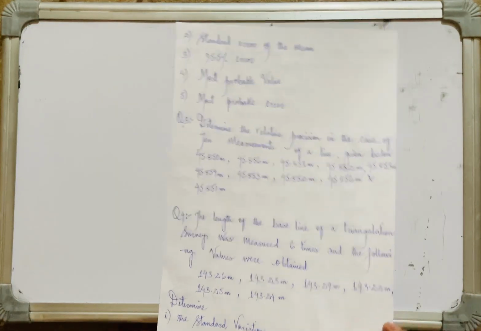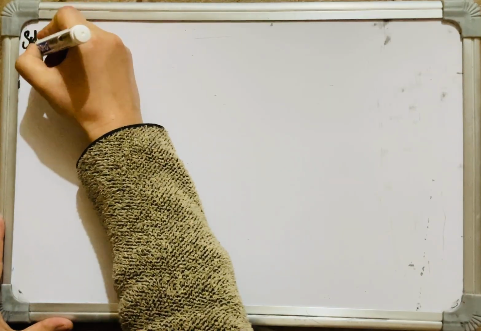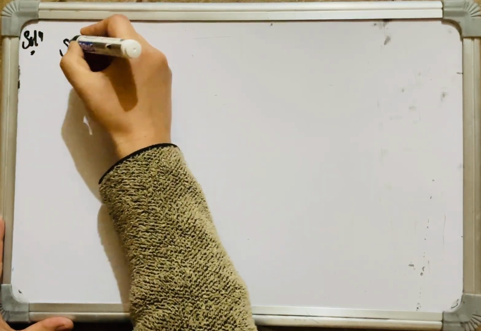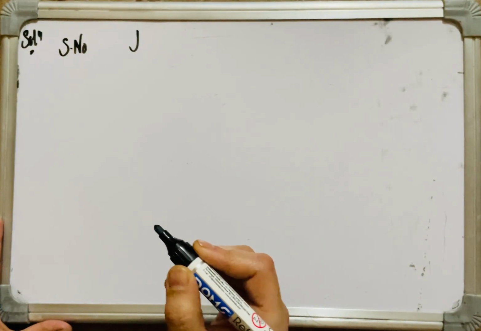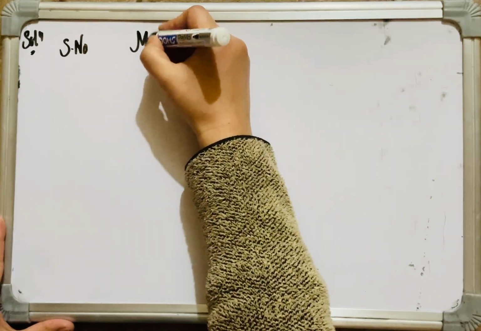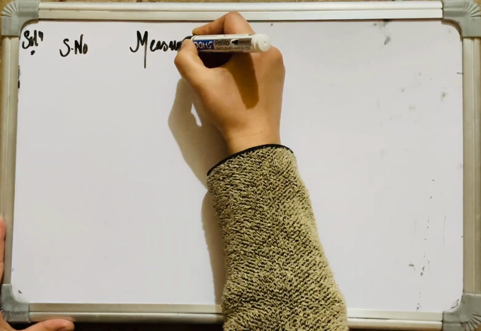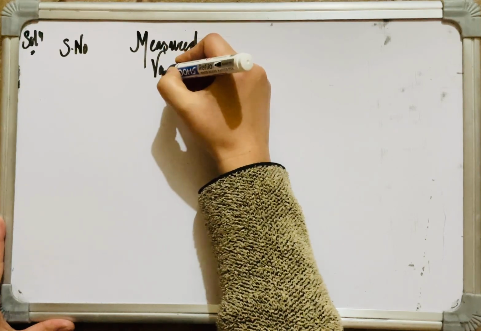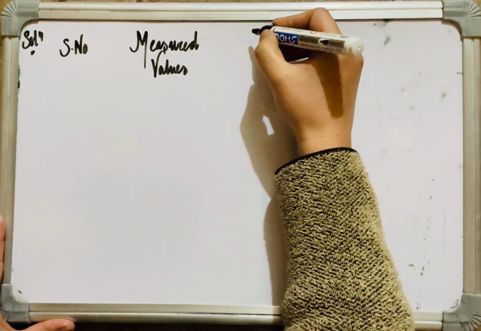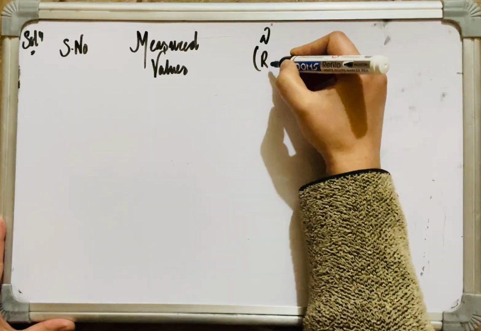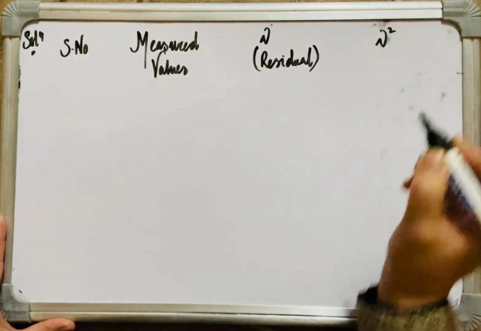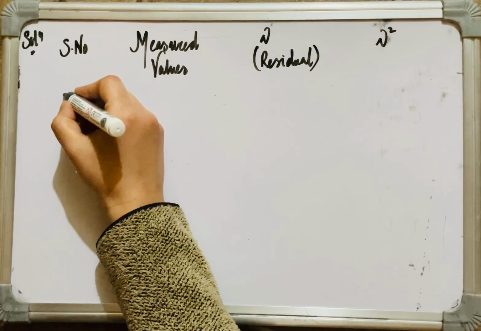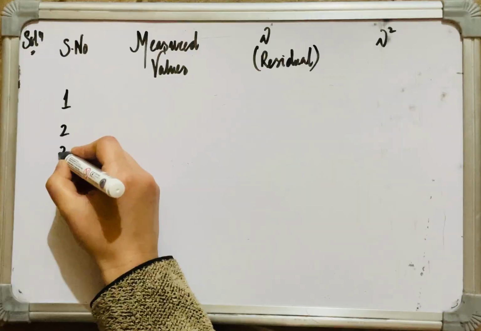In the same case, I'll be making a table wherein I'll have my serial number, my measured values, then the residual, and lastly the square of the residual. How many measurements have been taken? 6 measurements have been taken.